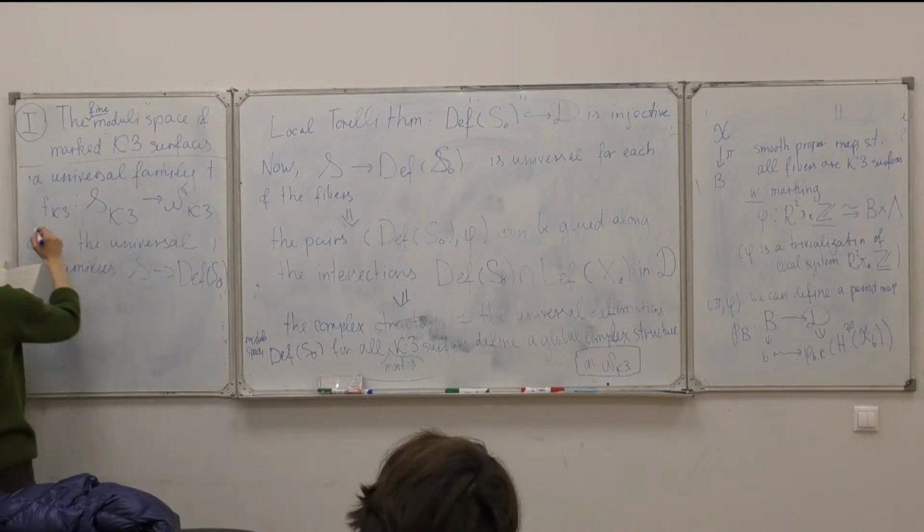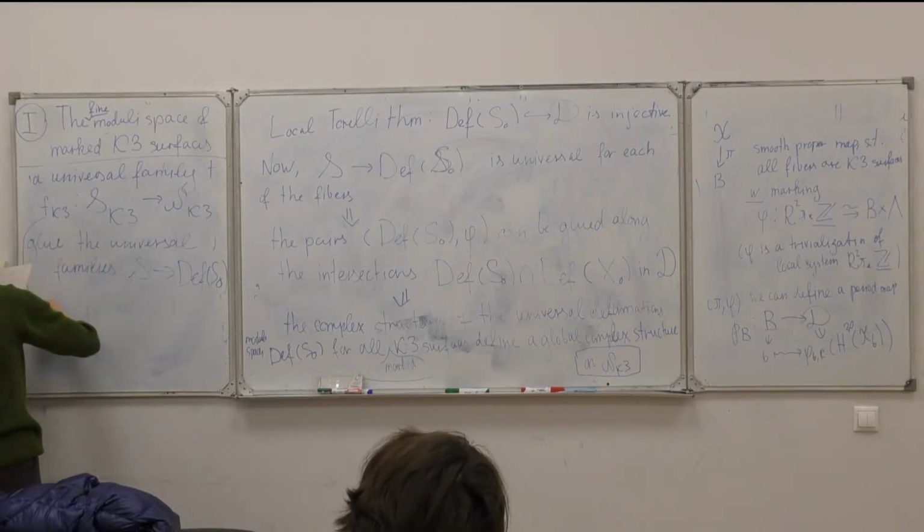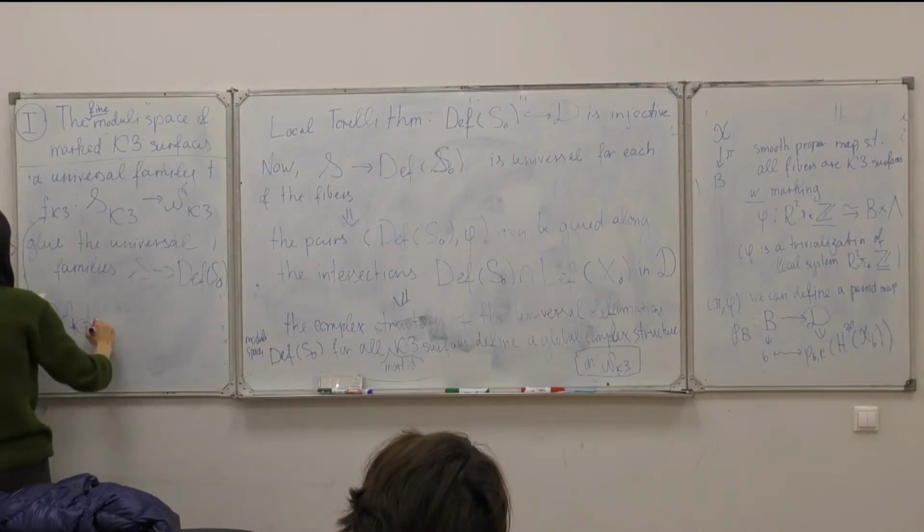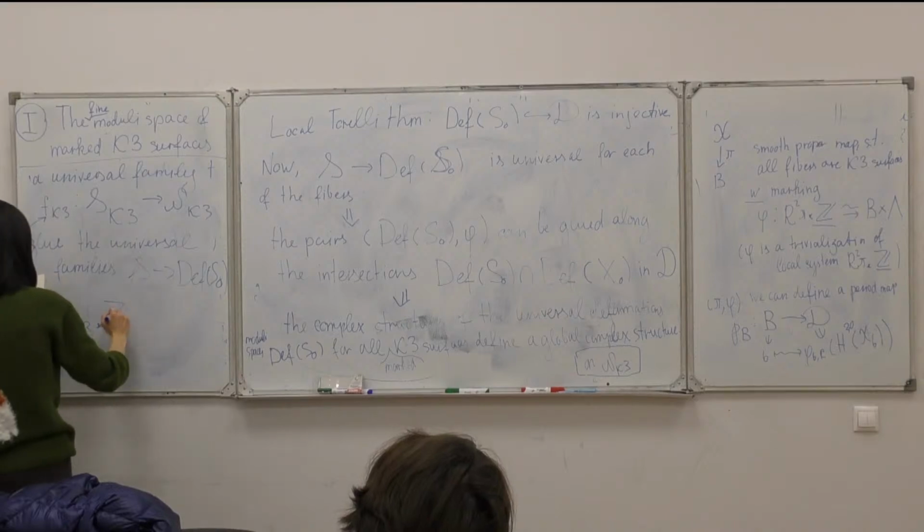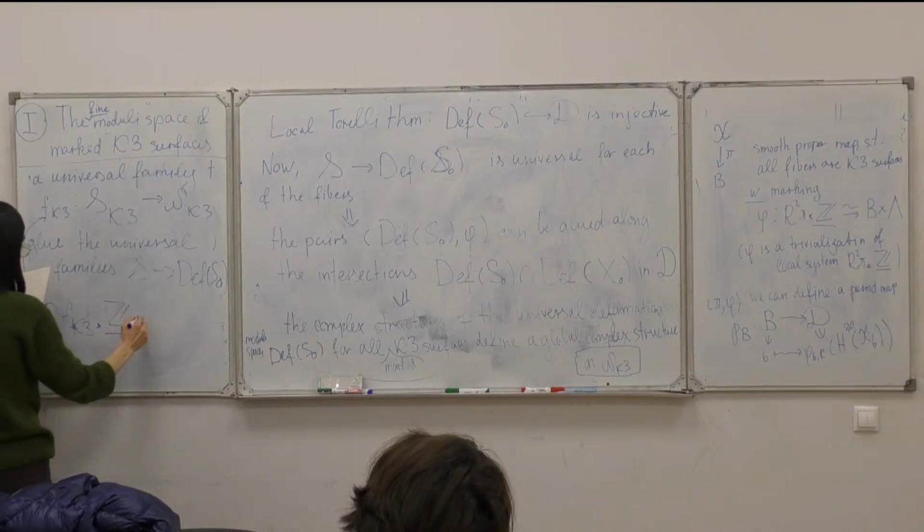And of course, we will obtain a universal family with marking. So this is a trivialization of the corresponding local system.